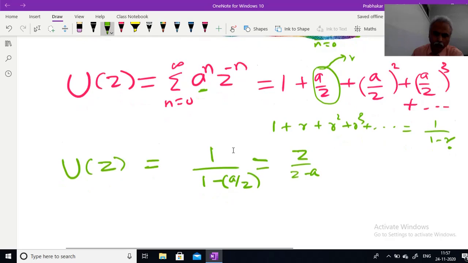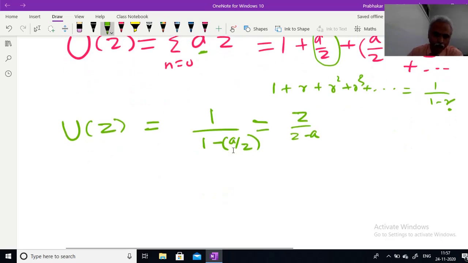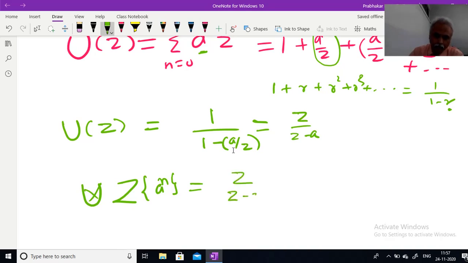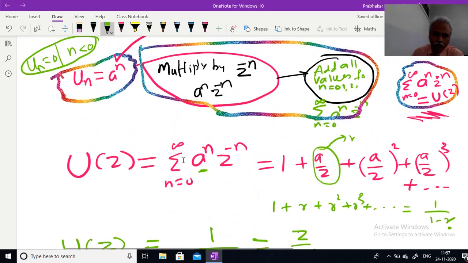So indirectly you found, I can call it a z transform of some n function which you defined by multiplying by z raised to minus n and adding nothing but z by z minus a. So what you observed, observation is important.